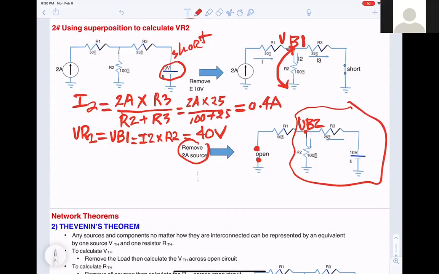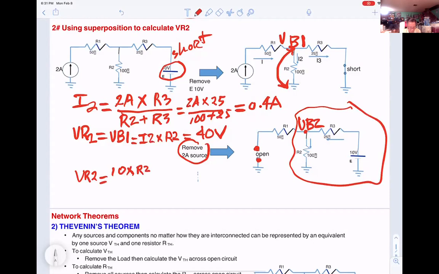So you want to calculate the VR2. Equal what? Using voltage divider. 10 volt times R2 divided by R1 plus R2.